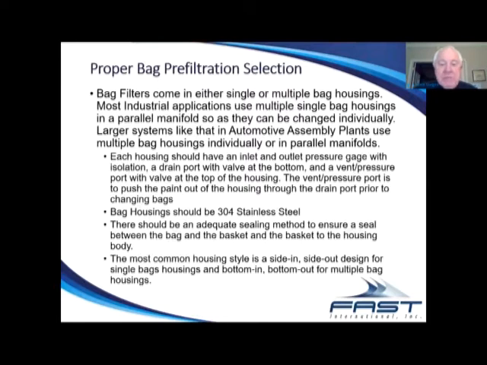And you say, well, how can big chunks of paint that are inches in size get through a 50 micron filter bag? And when you open up the bag housing, there is no adequate seal, or the seal is being bypassed between the bag, the basket, and the housing. So that's a very important thing.